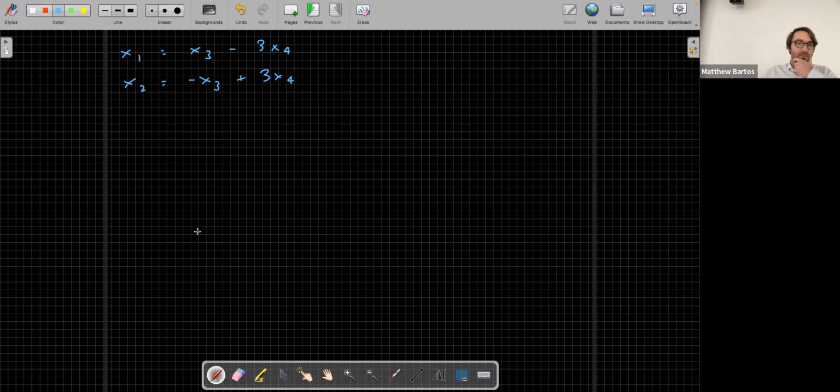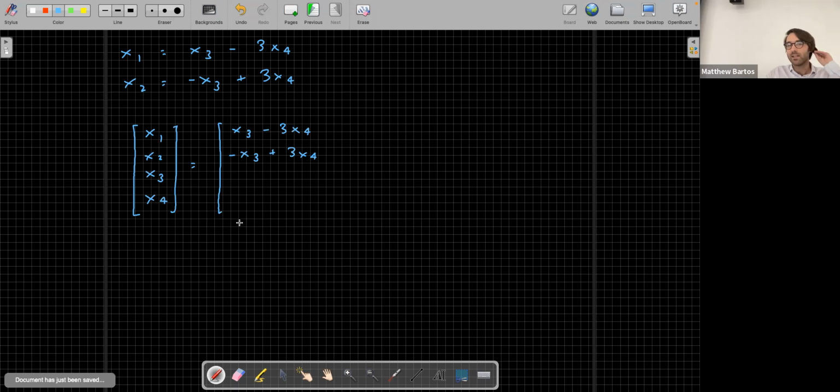Now we need to find the values of x1, x2, x3, and x4 that satisfy this system of equations. From this equation, x1 is equal to x3 minus 3x4, and x2 is equal to negative x3 plus 3x4. Because x3 and x4 are free variables, we can just write them as x3, x4. Now we can represent this as a linear combination of two vectors.